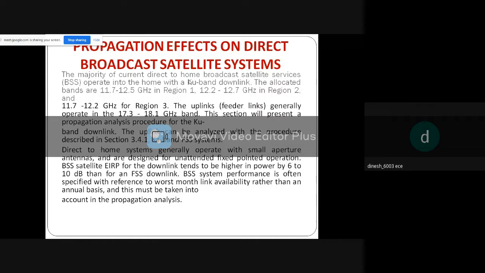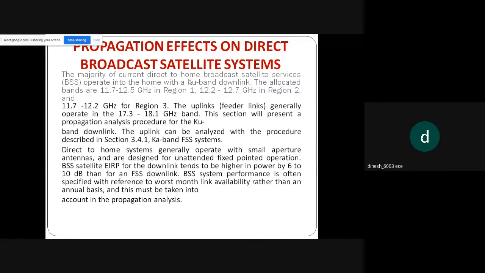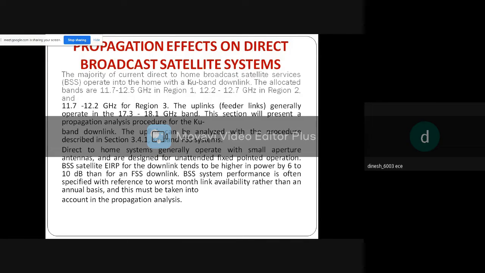The BSS system performance is often specified with reference to worst month link availability rather than on an annual basis. The analysis can also be done in such a manner. Rather than doing cumulative analysis, for every month you can see in which month the attenuation or the propagation effect is more. Accordingly, we can design that satellite.